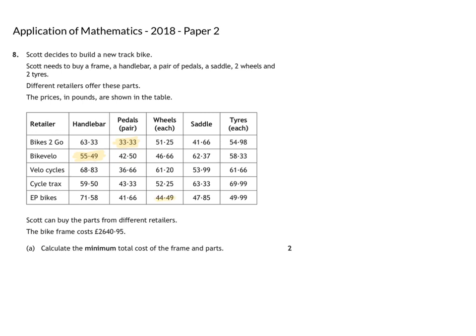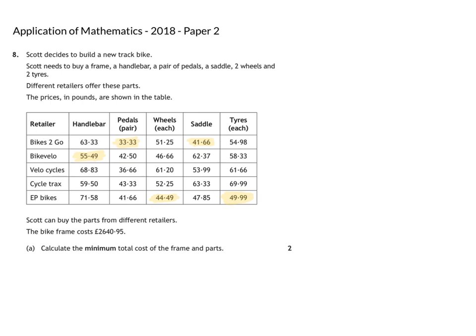Our cheapest one here is the bottom one at £44.49. We need a saddle, so looking for the cheapest possible saddle, that's this one here, £41.66. And then tyres, each again, and we've got 2 tyres, so same as with our wheels, we're going to have to double, and it's that bottom one again.